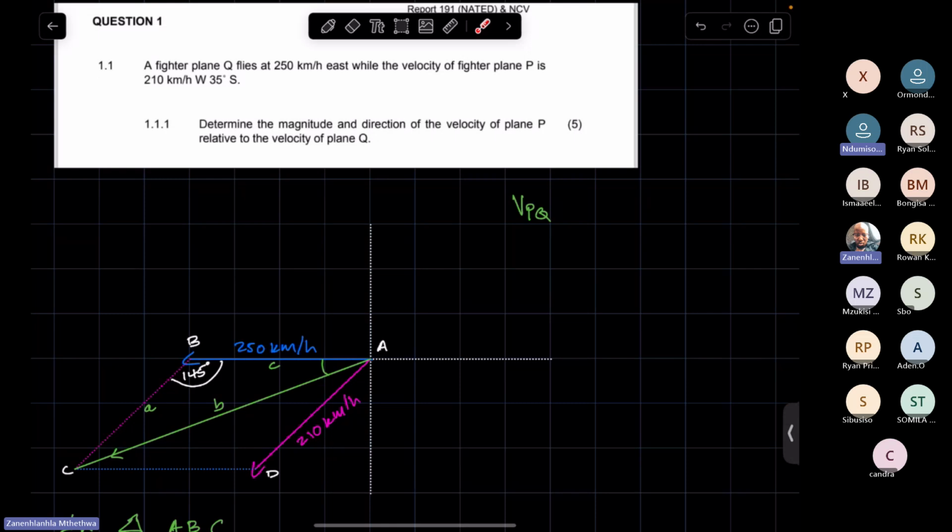Can we get a question like this where we cannot find the included angle and have to use the sine rule other than the cosine rule, or will we always find the included angle so that we use the cosine rule? Let me say I do not know. I've never come across a question where I use the sine rule in calculating the resultant.